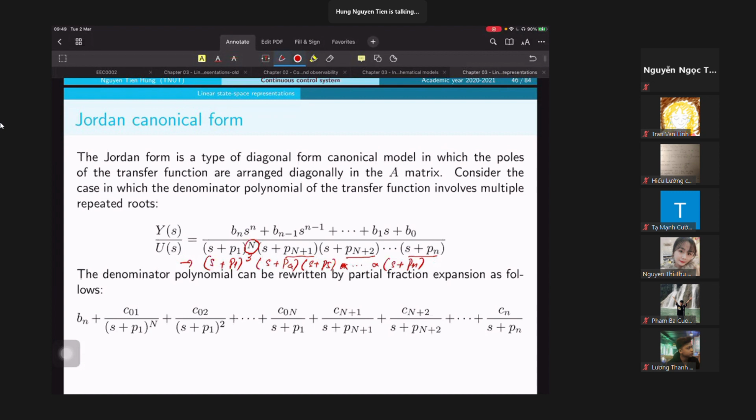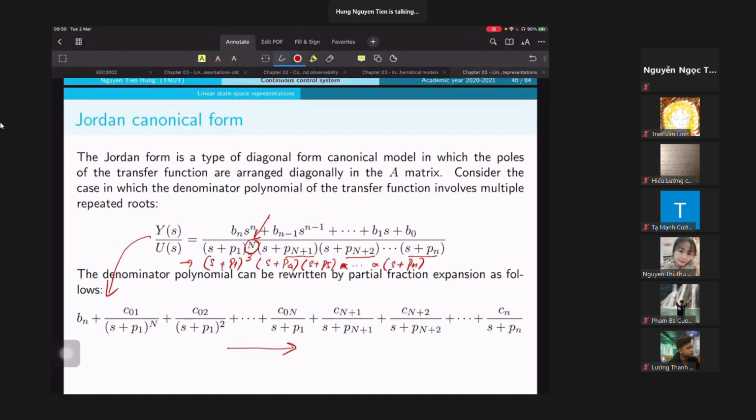This is the generalized version, where we have only one multiple root, with (S plus P1) to the power n as the repeated root. In this case we can represent the transfer function in this form.